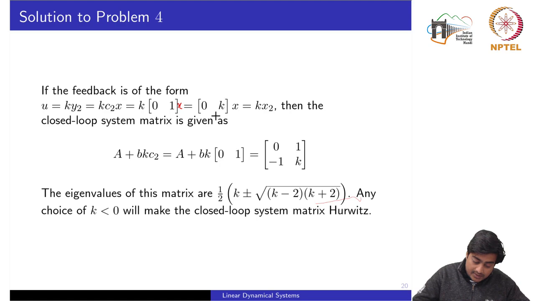But by feeding back the second state, we see that the system can be stabilized for negative values of K. Right? So the concept of state controllability, what we had discussed, is basically different from what we are seeing in this numerical.